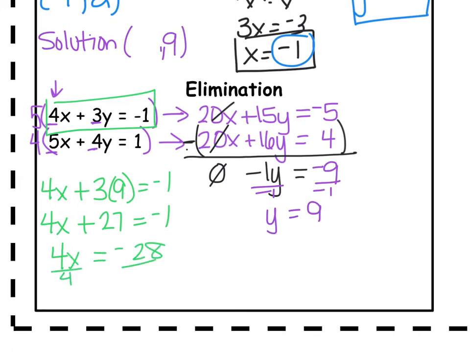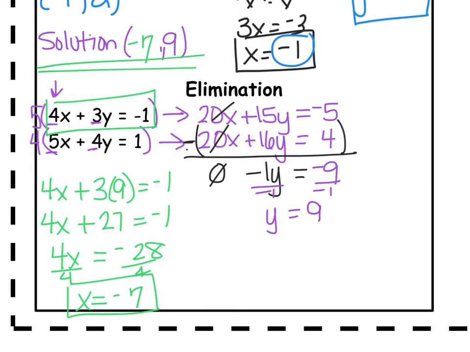Divide by 4, and for our x value we get -7. Whether we choose the first equation or the second equation, we would still get x equals -7 for our x value of our solution. So our solution to this system using elimination is -7 and 9.